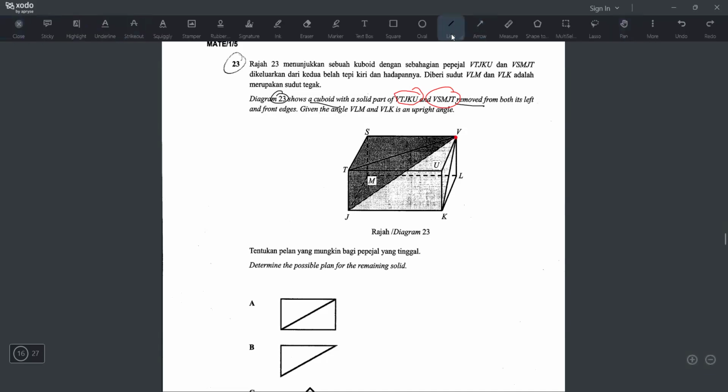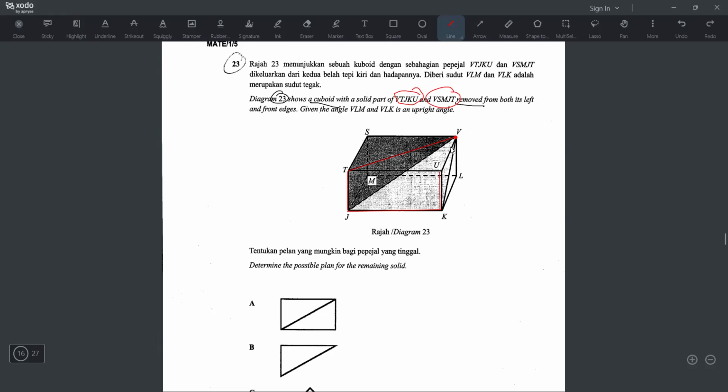Let's use a straight line. VTJKU. So this is a solid part. No, VTJK. From both its left.